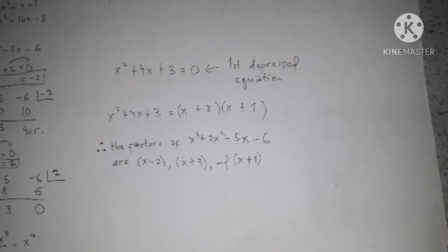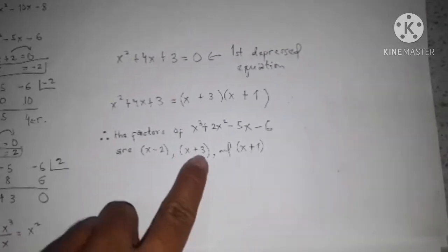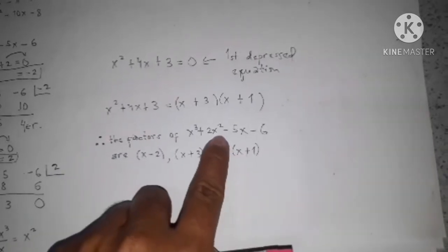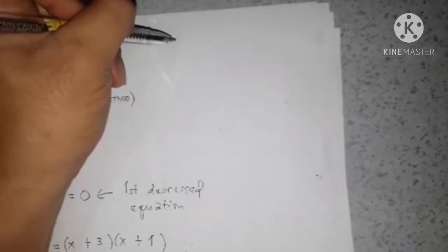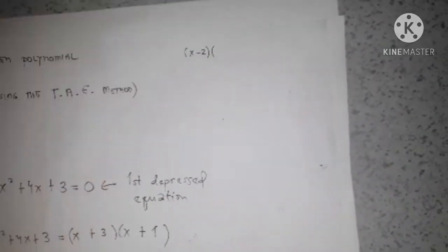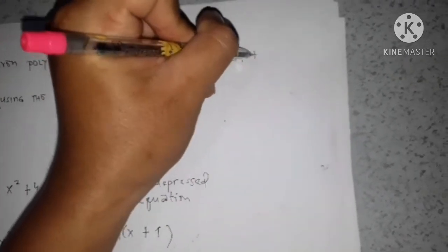How to check? I simply have to multiply the factors. Tingnan natin pag ito ay multiply natin dito saka dito. Ang magiging sagot ba ay ito? Okay, for checking, so you have x minus 2 times x plus 3 times x plus 1. Ito muna dalawa.